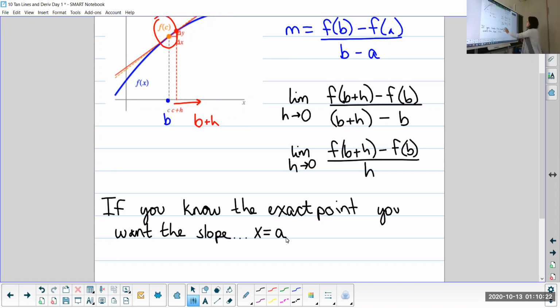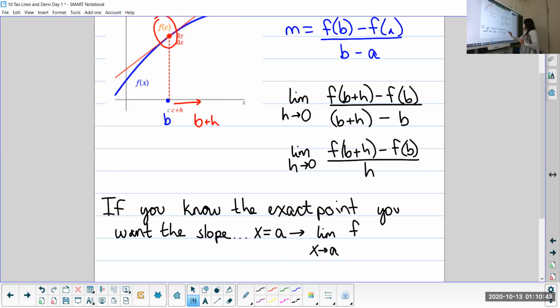So if you know the exact value of the point you want the slope, you're going to rewrite this as the limit as x approaches a of f of x minus f of a all over x minus a, because what you're doing is you're saying, okay, there are 2 points, but I want them both to be at the same point. So I'm making them approach each other.